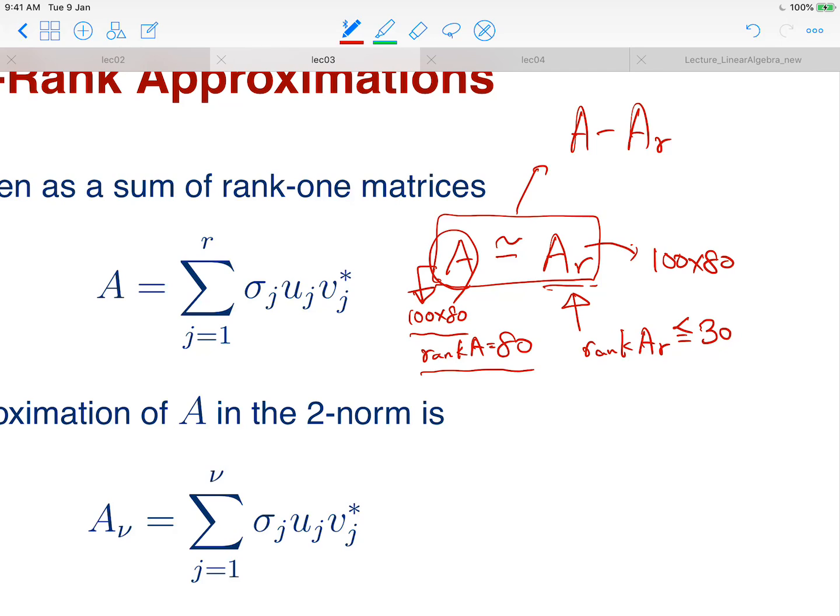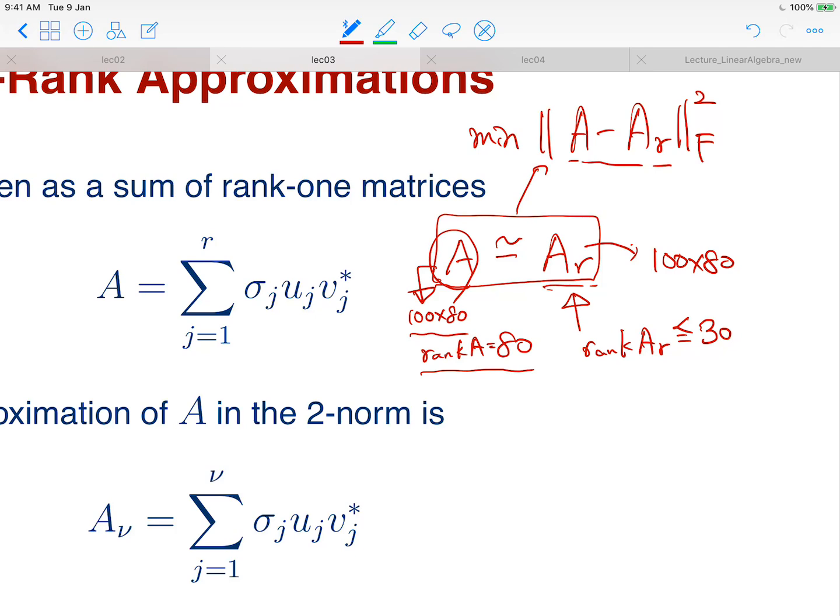So we just subtract between these two same-sized matrices and consider their Frobenius norm. This one can be minimized.